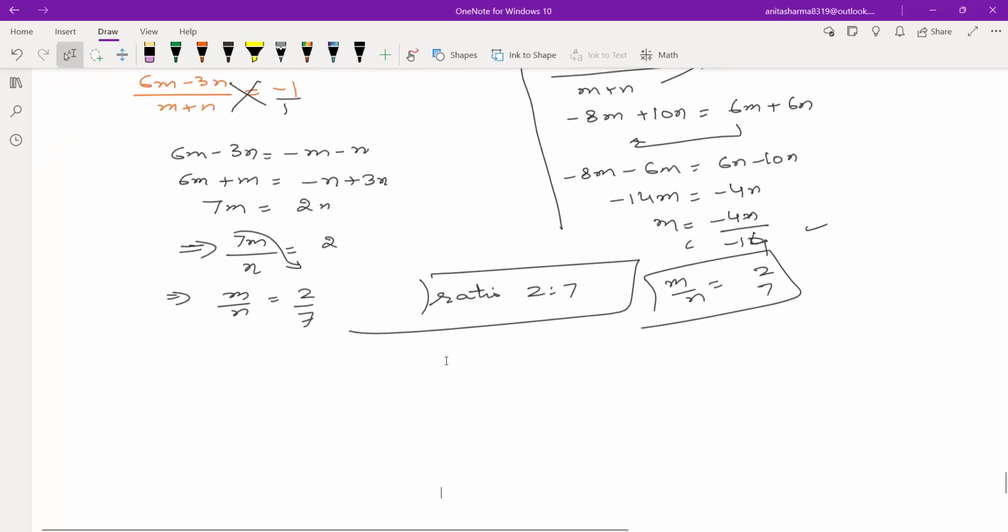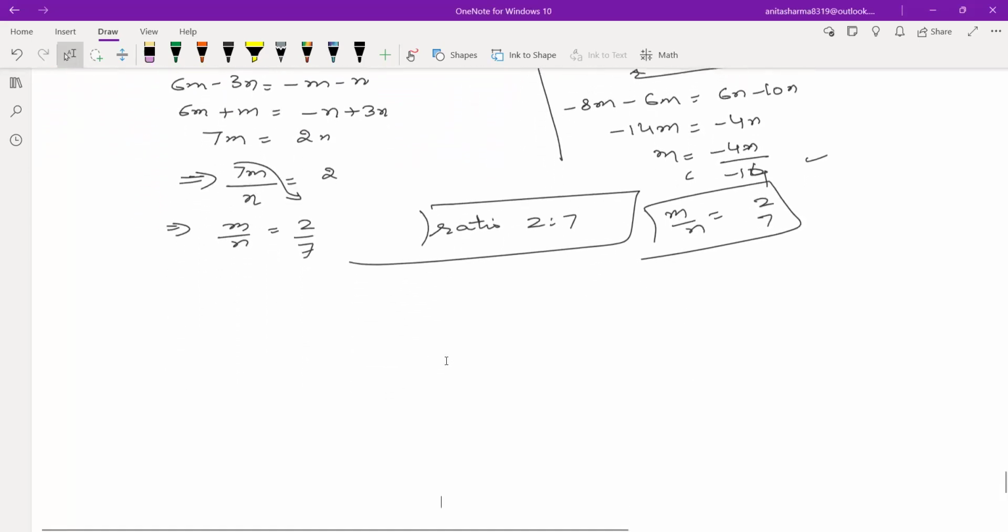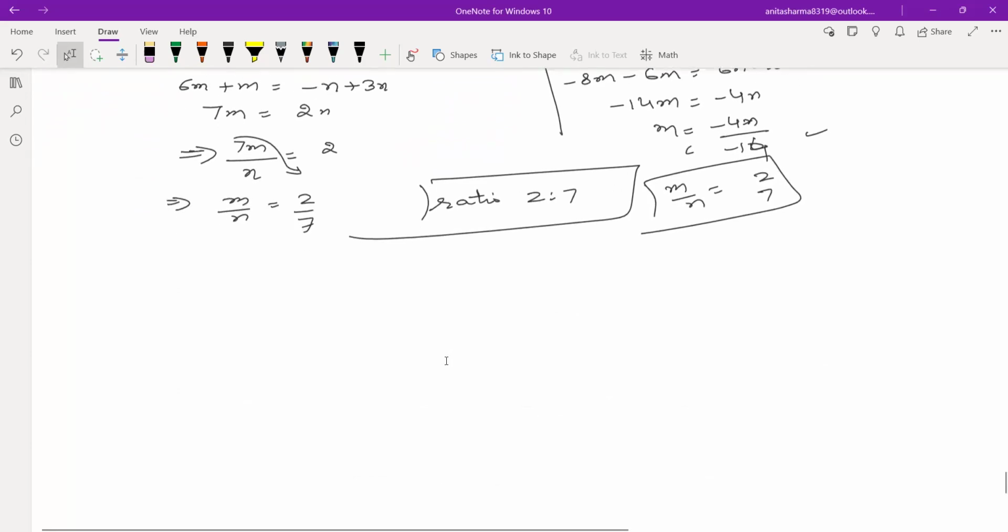So now children, see, Siddharth has asked one doubt. From the application of trigonometry, the question is, let me share that screen, just wait.